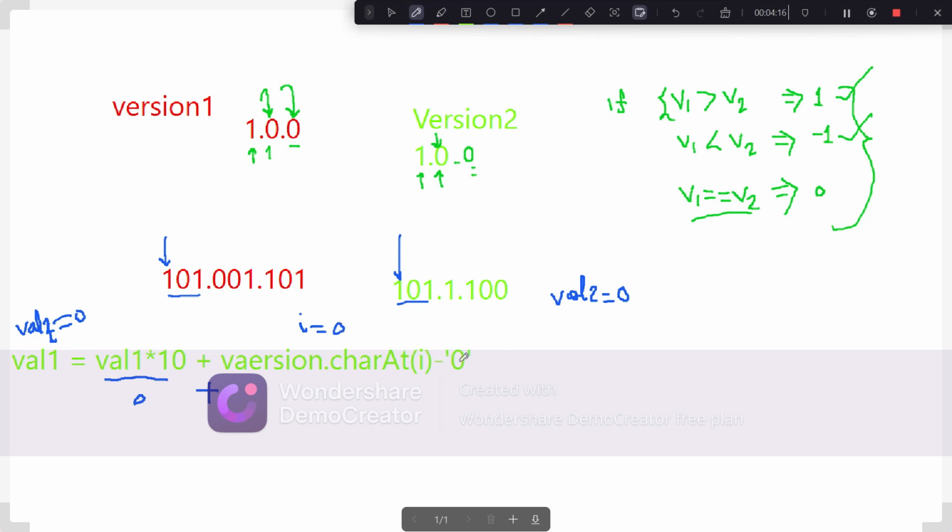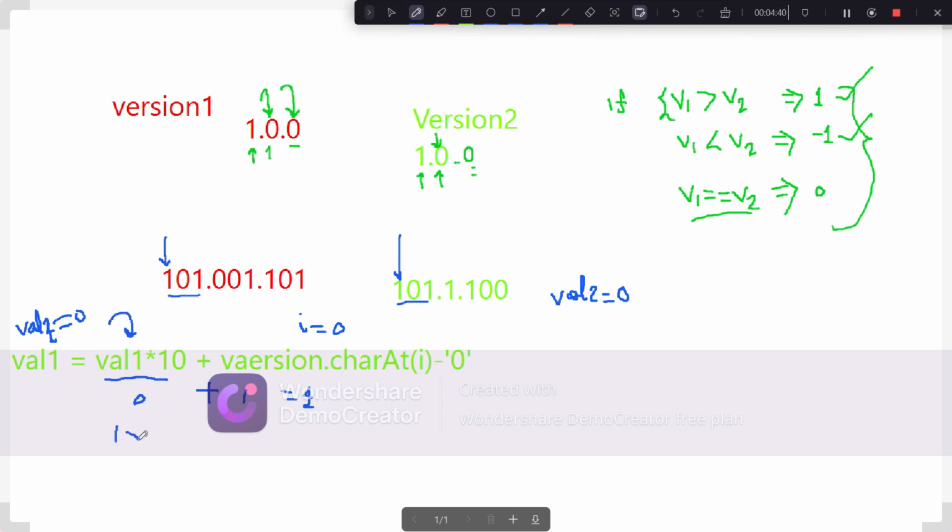So this 1 minus the '0' character, deducting the 0 character, gives the numerical equivalent value. This will give me 1. So 0 plus 1. In the first pass we have val1 equal to 1, right? Now for the next pass we will again put the same formula, where val1 is now equal to 1.